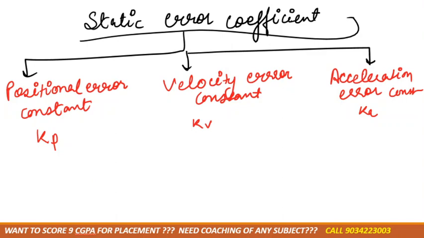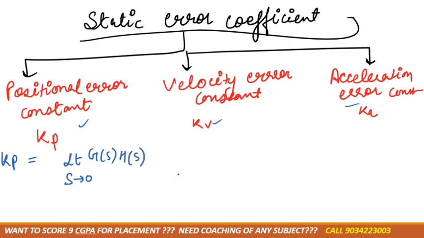So every time, like in your exam, they'll ask you for either Kp, Kv or Ka. We have a particular formula. The Kp formula is limit s tends to 0 of G(s)H(s). Similarly, we have the formula for Kv: Kv equals limit s tends to 0 of s·G(s)H(s). As you can see, there is no s in Kp, but there is s in the velocity constant.